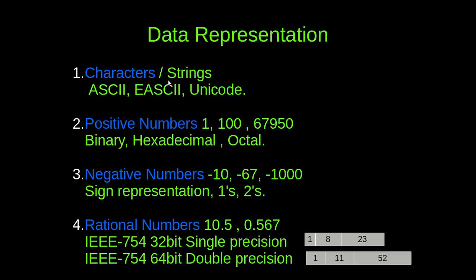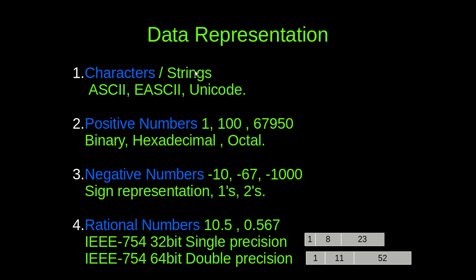No. So they went to Unicode, which is 2 bytes. 1 byte is 8 bits, which is extended ASCII. 2 bytes is 16 bits, which is Unicode, and it's 65,536, so 65,000 plus characters, and that is enough. So this is how we represent characters.